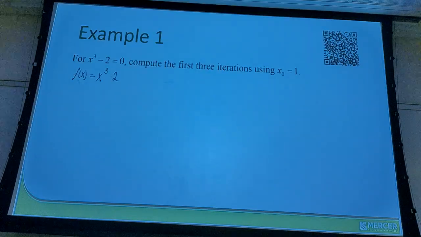The function that we're looking at is x cubed minus 2. What is that prime? 3x squared. And of course, our initial guess is 1.